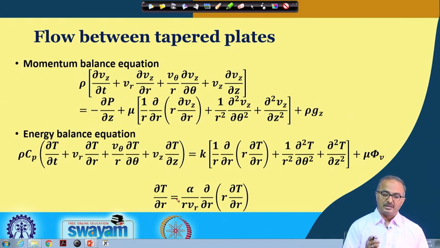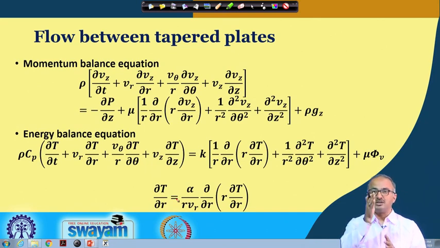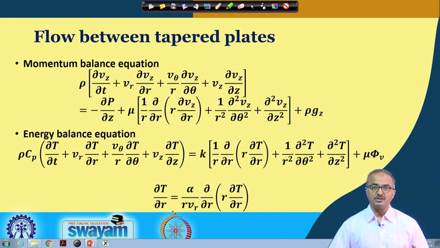So, we may say that at any axial position we can assume that there is a good amount of mixing along the axis, so the temperature is constant along the z direction. Okay. So, to solve this particular problem, you can give two conditions. One you can specify at the inlet, and another boundary condition you can specify at the outlet of the particular channel. Okay. So, that is how you can solve this problem.